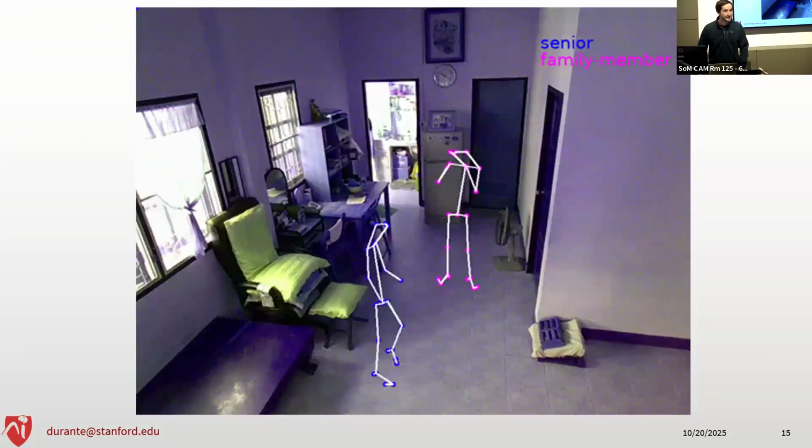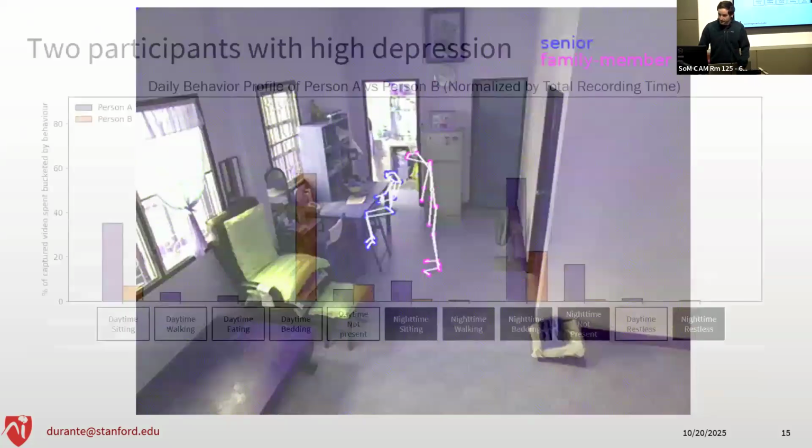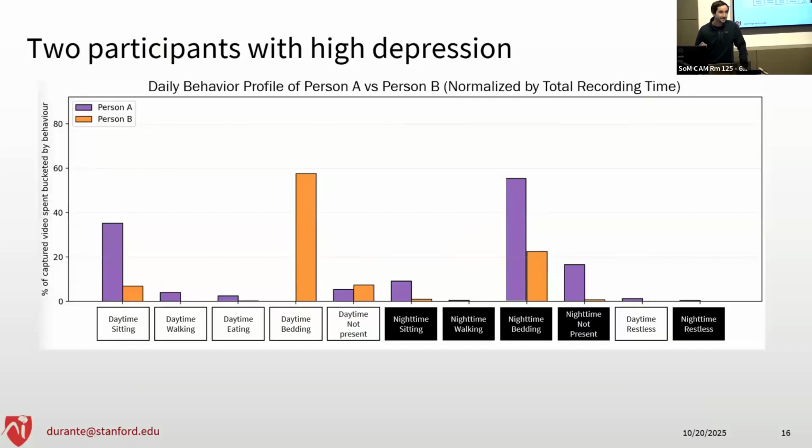So here's another interesting area we're looking into. I talked about the other timeline that I really liked potentially for OCD. Another type of thing that I think could be really interesting is basically building a daily behavioral profile. So you could track, we have 2 participants in this current study, and we're understanding how much time they spend sleeping during the day or at night, when they are walking, and compiling these into more gross statistics and an overall measure of how does this person line up compared to other people we've seen?